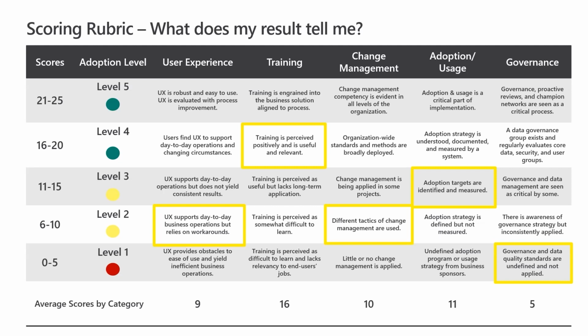For change management, a level 2 likely means I don't have a formal change management practice in place, which is a very common starting point for many early stage adopters. To improve, reading above, I'd have to start looking into change management programs and begin formalizing specific roles and embedding methods into my projects.